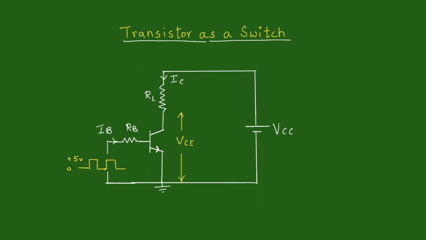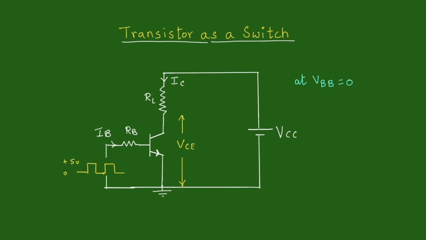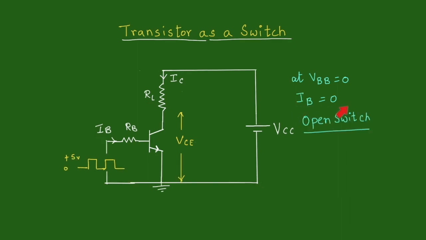If we select a square wave which has the voltage changing between two levels, that is 0 volt and plus 5 volt, we can change base current from a 0 value to a larger value without it taking any value in between. At VBB equal to 0, IB is going to be 0. If base current is 0, the operating point will be on the portion of the load line which is in the cutoff region, and the transistor will act as open switch.